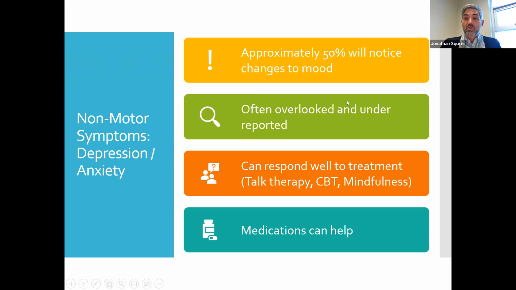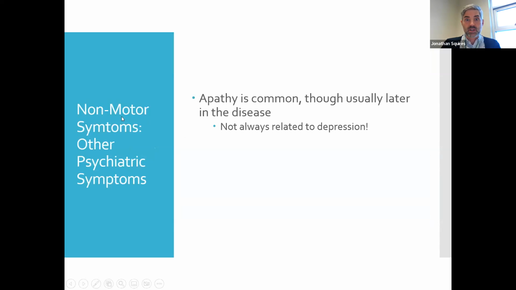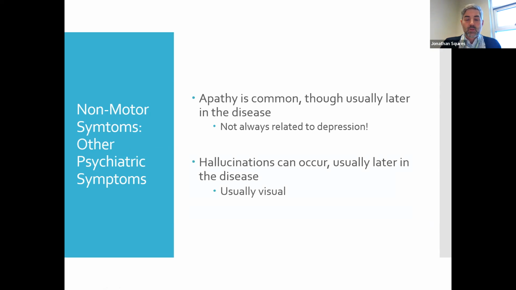It can respond well to treatment. Our good friends at the Parkinson Society of BC have a counseling program that can be quite helpful to some people, and many people find that antidepressant medications can be helpful as well. Dr. Raston, I'm sure we'll talk more about this tomorrow. Apathy, as I said, is common, usually later on, often independent of depression, and unfortunately can be quite difficult to treat.